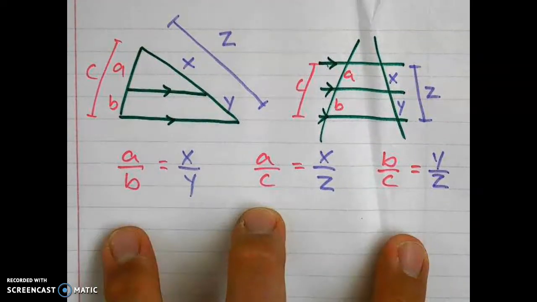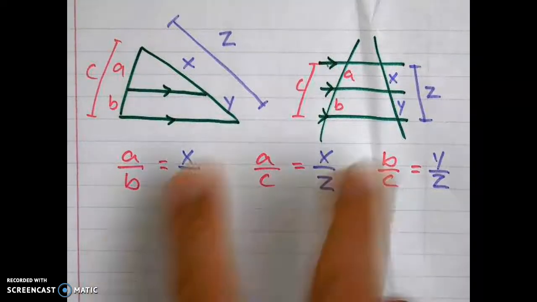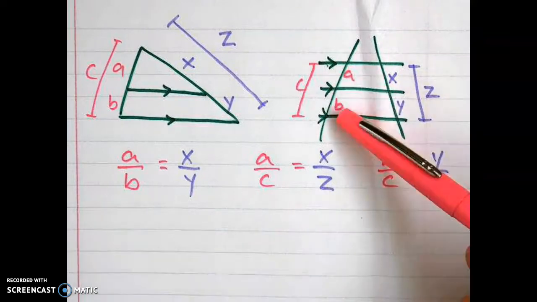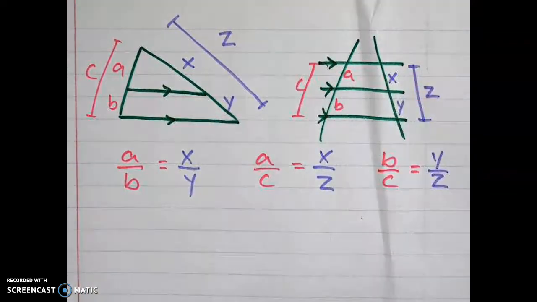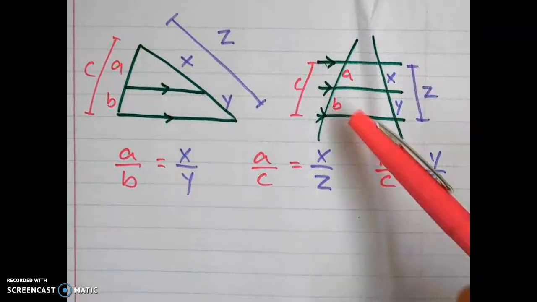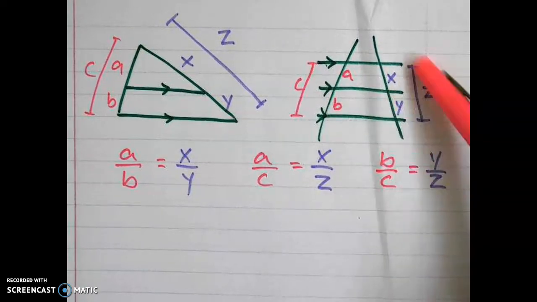So these fractions, these proportions are true for both figures. Okay? Top over bottom equals top over bottom. Top over the whole thing equals top over the whole thing. Bottom over the whole thing equals bottom over the whole thing.